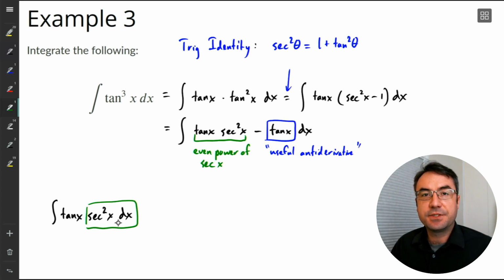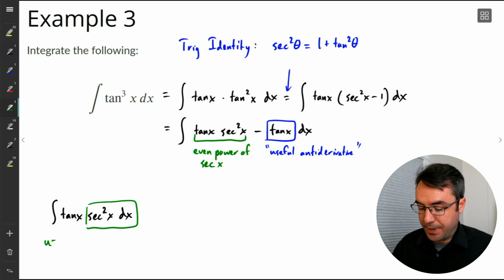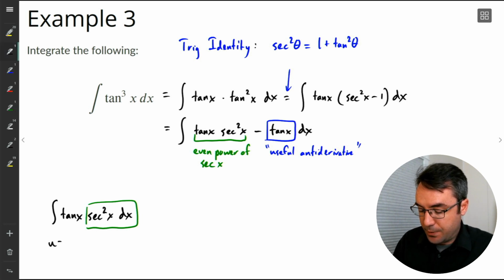So we have this even power of secant squared next to our dx. That's going to become part of our new differential once we do the substitution rule. And then everything else here, we want to convert to tangents. And the reason is because then we can just do a nice substitution rule where we let u equal tangent x. What's the derivative of tangent?